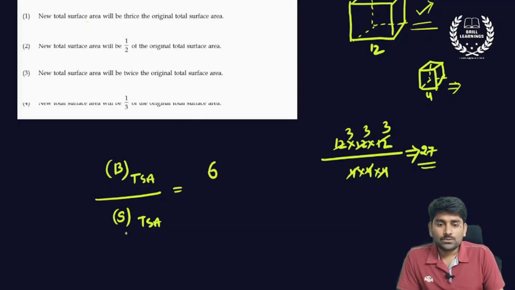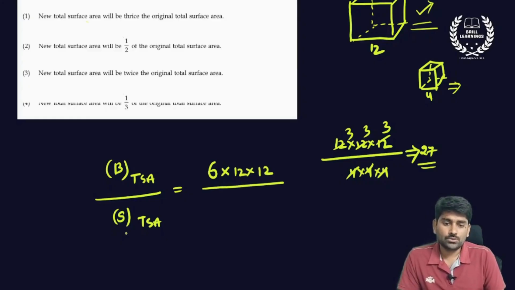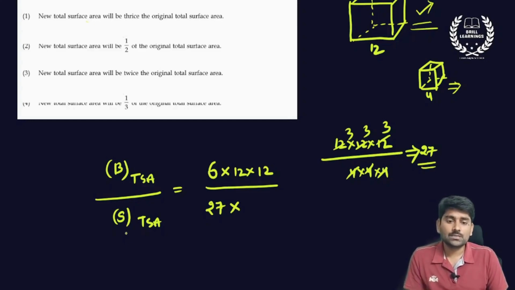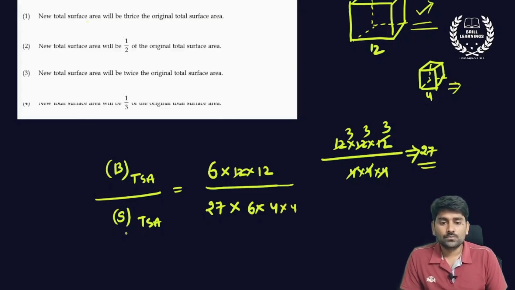For the bigger cube, the side is 12, so 6 into 12 into 12. Divided by the smaller cubes: we have 27, and for these 27 we have to calculate the total surface area. Here also the formula is 6a square, 6 into 4 into 4. Now simplify this.